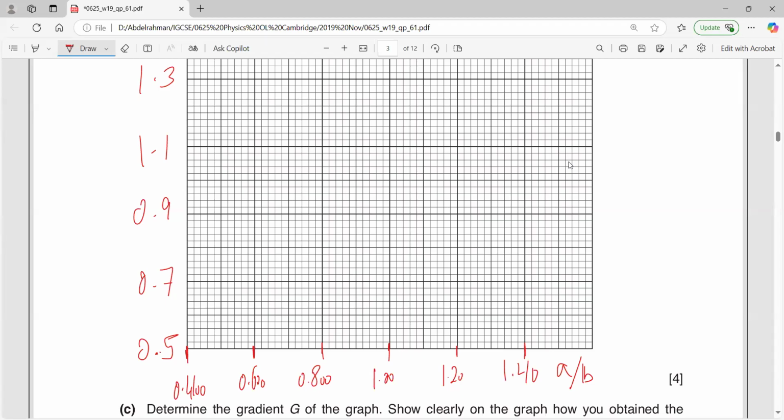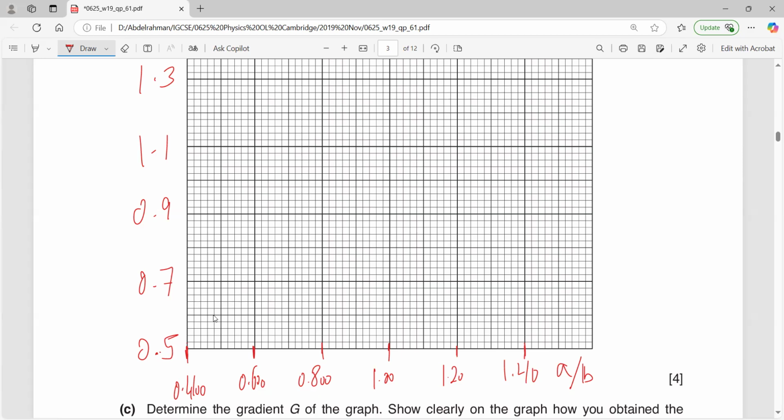On the y-axis, each small square would be 0.02. And on the x-axis, each small square would also be 0.02. For example, 0.5, the next small square is 0.52.